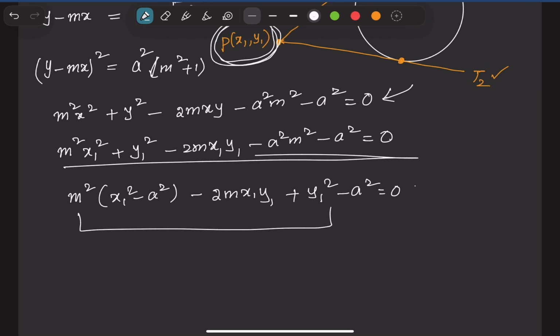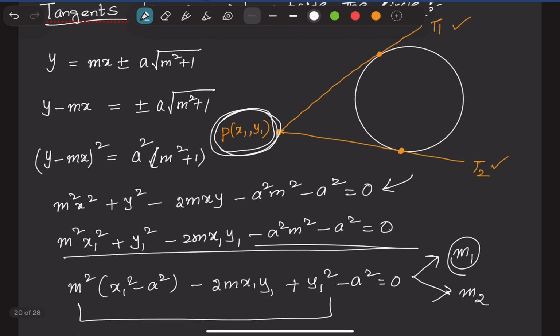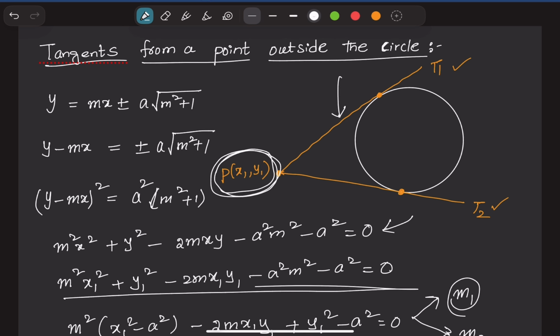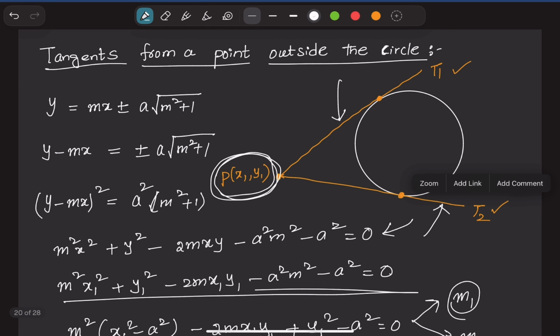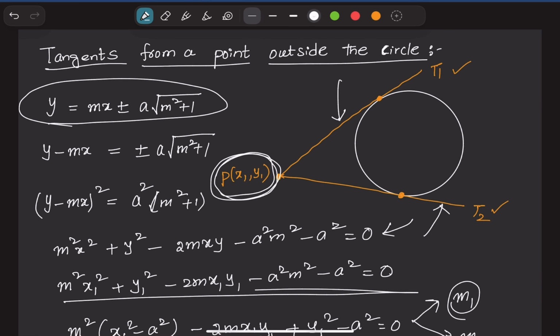If you solve this quadratic equation, you will get two values for m, which are m1 and m2. So m1 will be the slope of this particular tangent and m2 will be the slope of the other tangent. Once you get the slopes, you can easily get the equations of tangents.